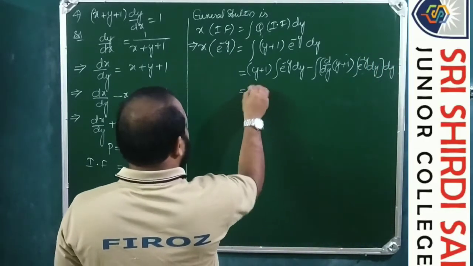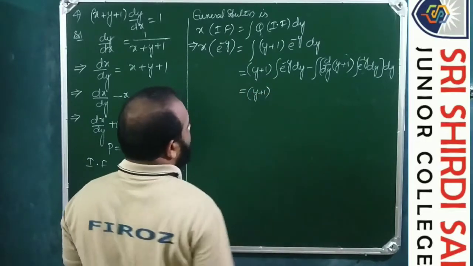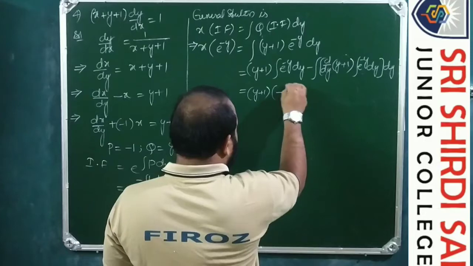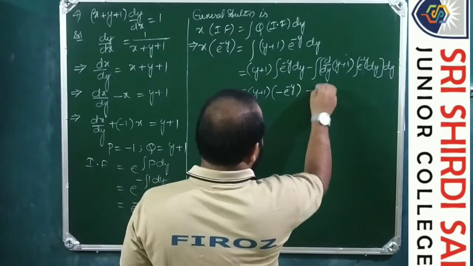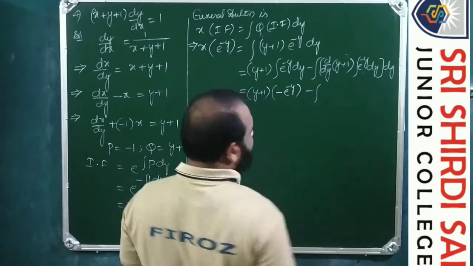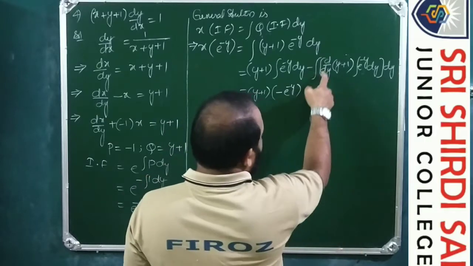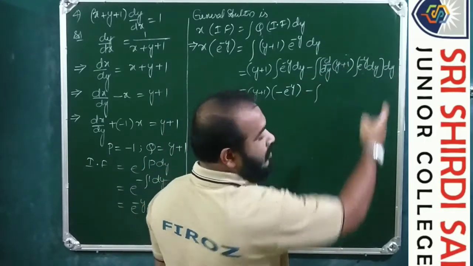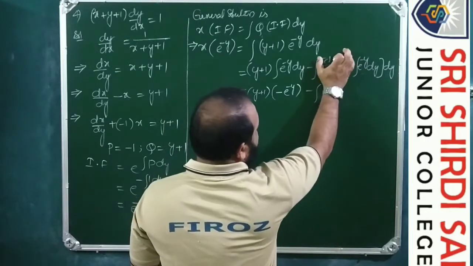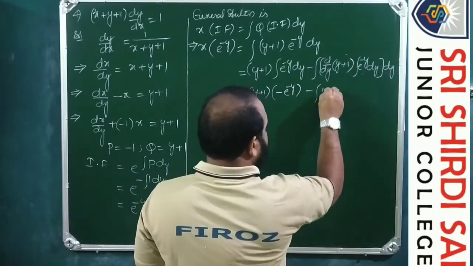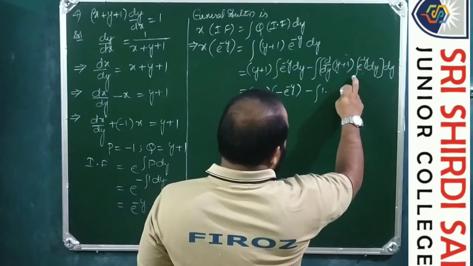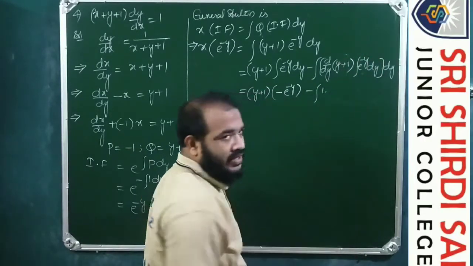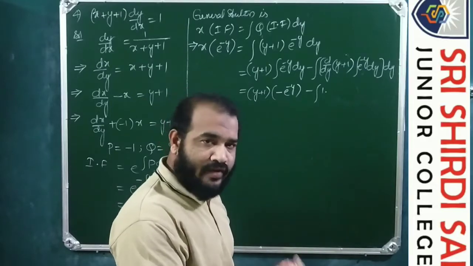This is equal to (y plus 1) into integral of e power minus y, which is minus e power minus y, minus the integral of d by dy of (y plus 1), which is d by dy of y, that is 1, plus d by dy of 1, a constant, which is 0. So 1 plus 0 is totally 1. Integral e power minus y: let us treat minus y as y only. Integral e power y is e power y itself.